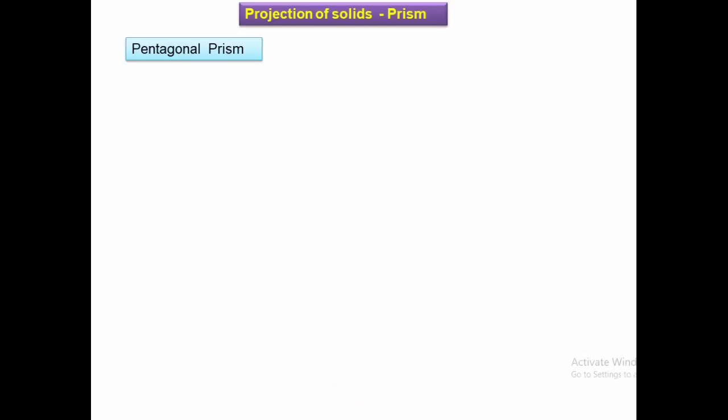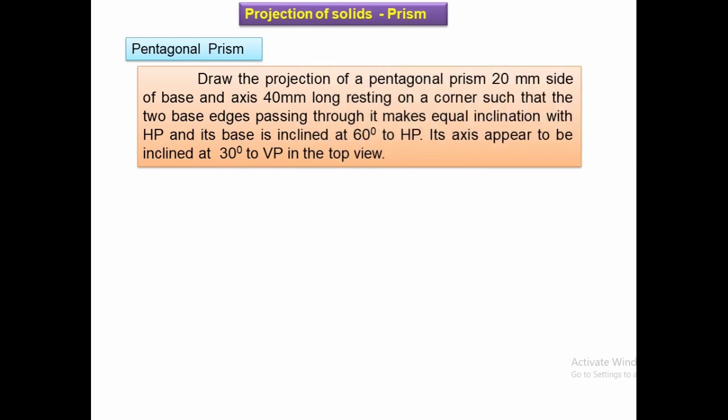Now, let us take a pentagonal prism, and try to understand the different views to be drawn, like top and front views. Consider a typical problem which has a side of 20 mm and axis 40 mm, resting with one of its corners, such that the two base edges passing through it make equal inclination with HP, and its base being inclined at 60 degree to HP.